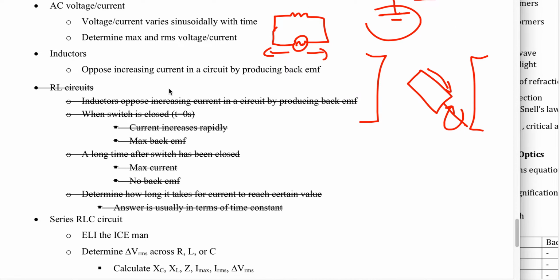Now we do have inductors that we talked about, so these are the solenoids in your circuit, and this is what they do. You have a current that's trying to form in the circuit, trying to flow, and the inductor, which is a solenoid, produces a back EMF to oppose that current that's trying to flow.